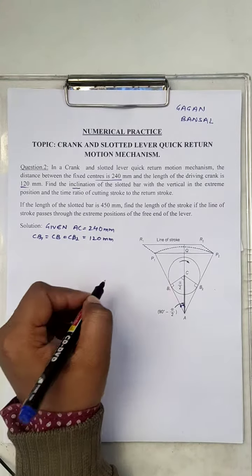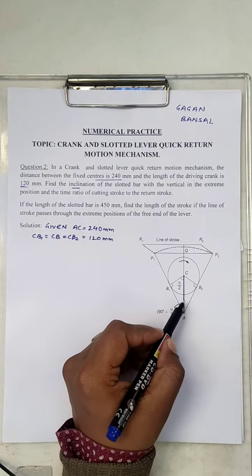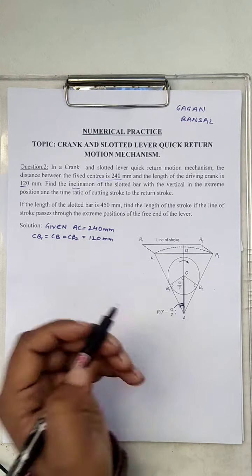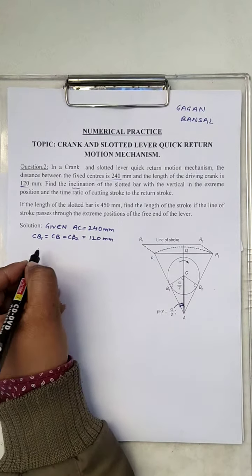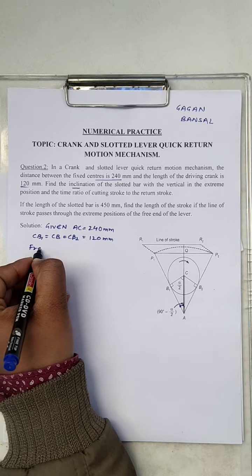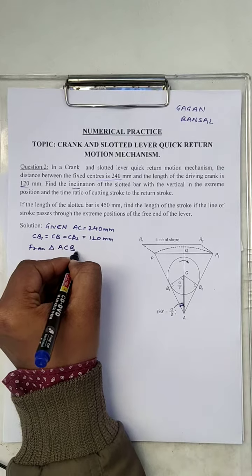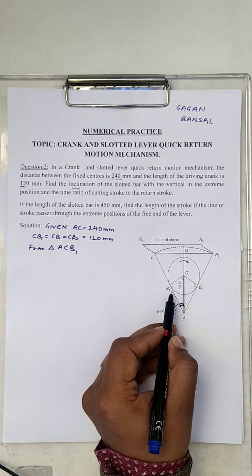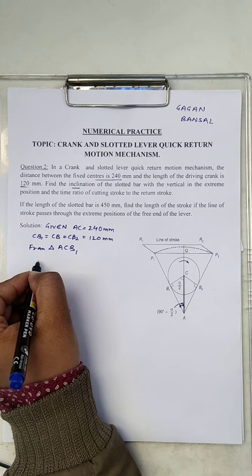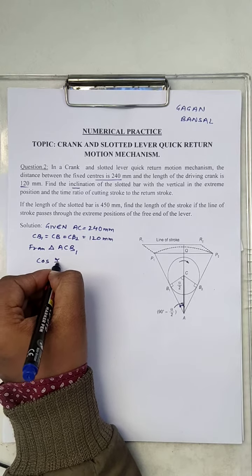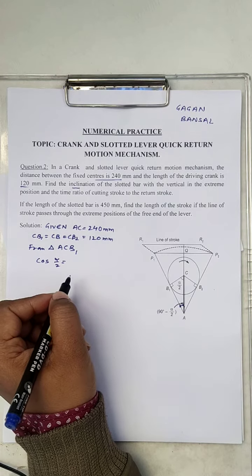So how will we proceed? We will proceed in the similar manner. We are given AC and CB1. These dimensions are known to us. So from triangle ACB1, right angled at B1, cos alpha by 2 will be base upon hypotenuse.